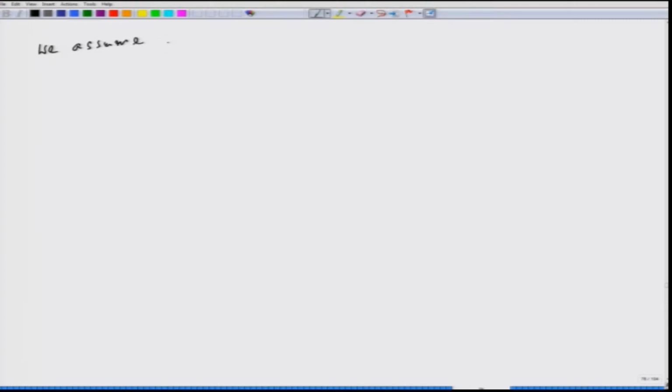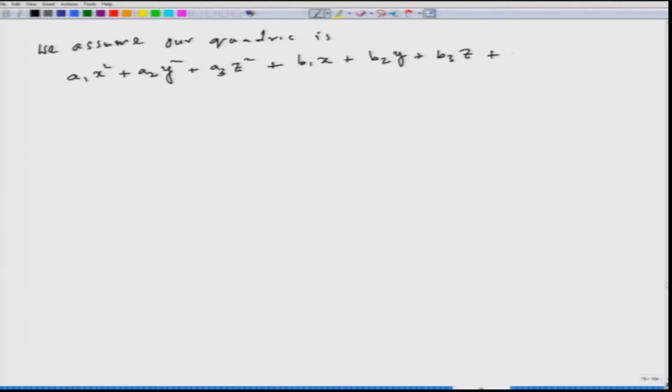So, let me now get rid of this prime and we will assume that our quadratic surface is a1 x square plus a2 y square plus a3 z square plus b1 x, just for avoiding writing prime every time, b2 y plus b3 z plus c equal to 0.